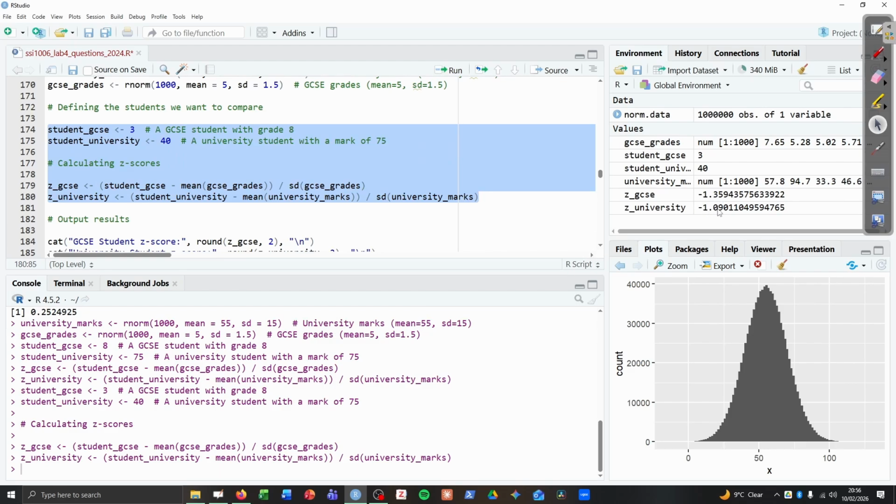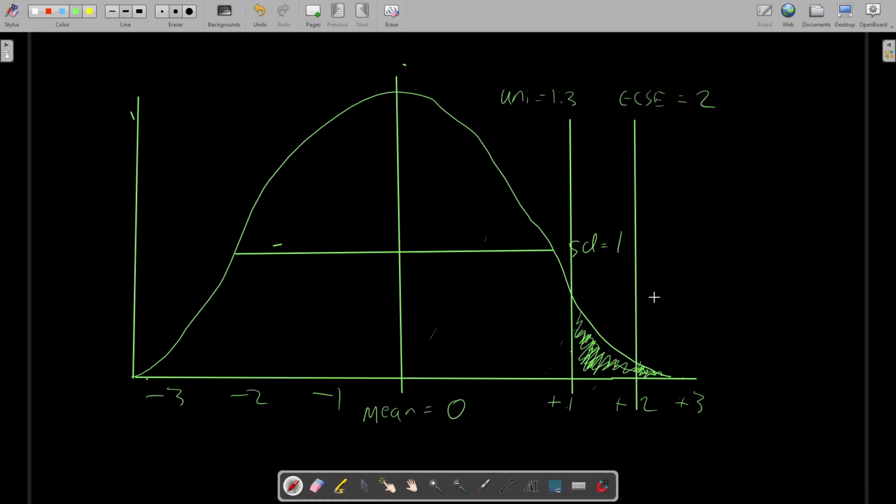See, now we've got -1, -1.3. So in this case, right, it's the GCSE student that's doing a bit better. We could plot this on here by saying, so our university student is at a Z score of about -1. And our GCSE student this time was at about, let's say, -1.3.